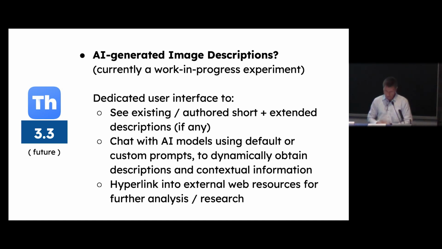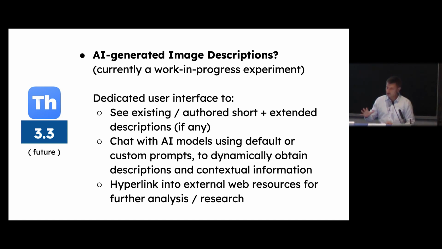And finally, this is my last slide. What about AI-generated image descriptions? It's currently a work-in-progress experiment, and I'll talk more about it later today at 1 p.m. after lunch. But essentially, in a nutshell, this articulates around 3 main themes.